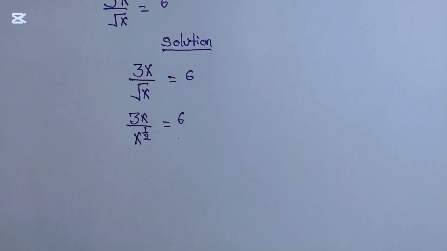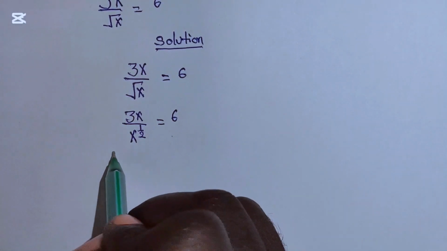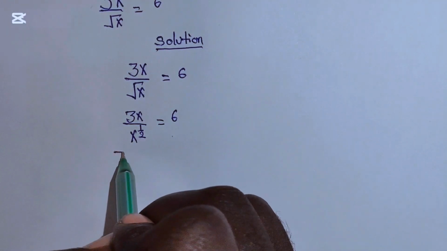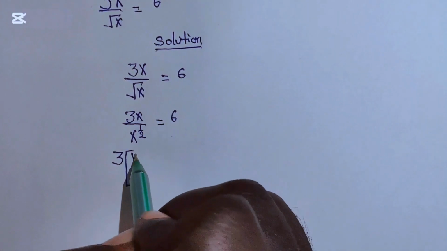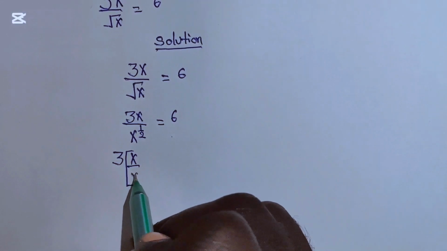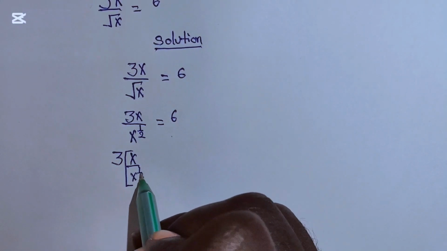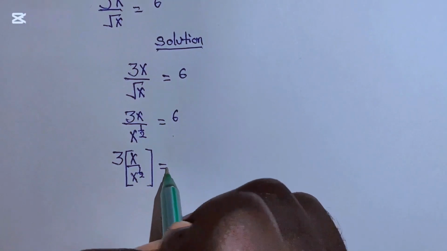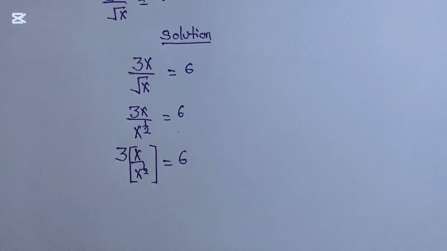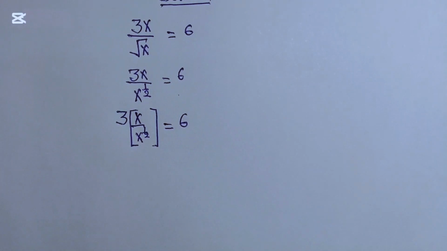So we can put the 3 outside to get 3 times x over x to the power of 1/2, which equals 6.